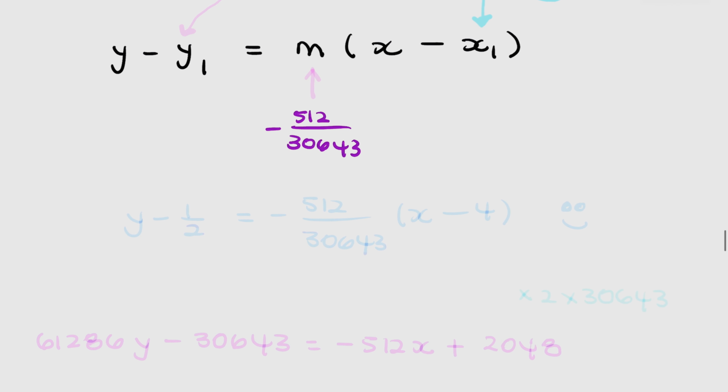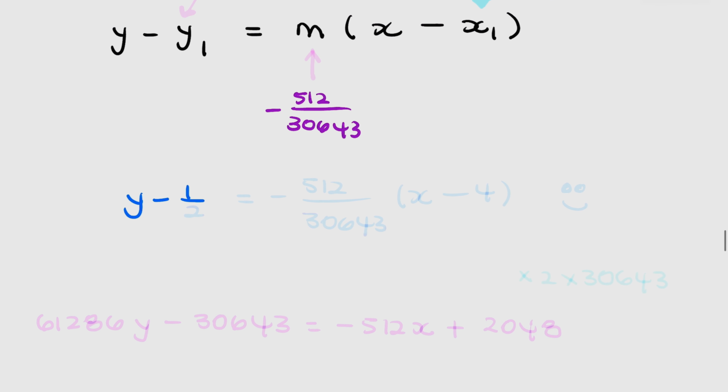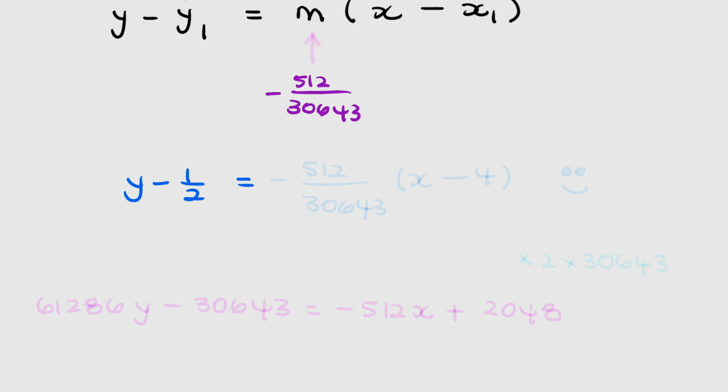So we can say y minus 1 over 2 equals minus 512 over 30643 into x minus 4. And that's the equation of your straight line.